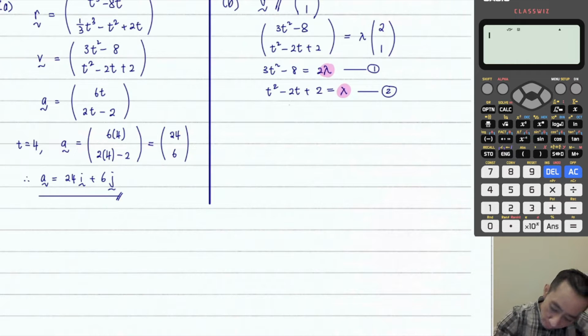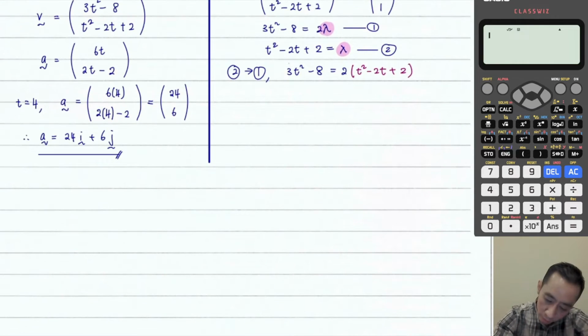So I will take the second equation and substitute into the first equation. So t squared minus 2t plus 2 goes in place of lambda in 3t squared minus 8 equals 2 lambda. Okay, so solve these equations.